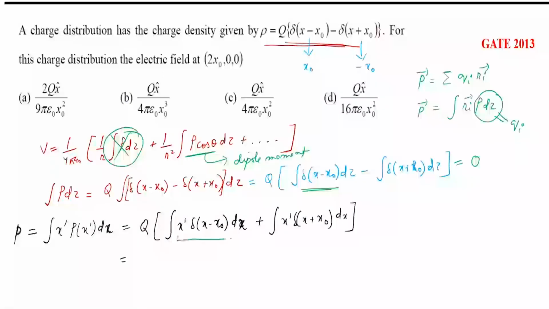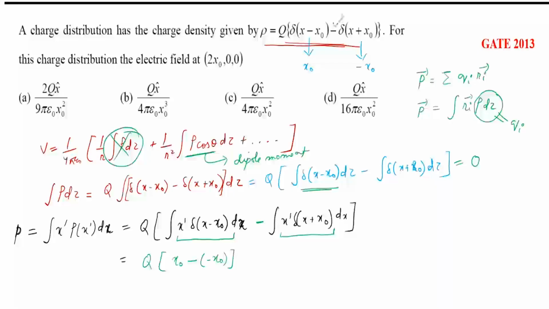What will this give? x naught. What about this one? Minus x naught. This one is minus, so minus x naught.